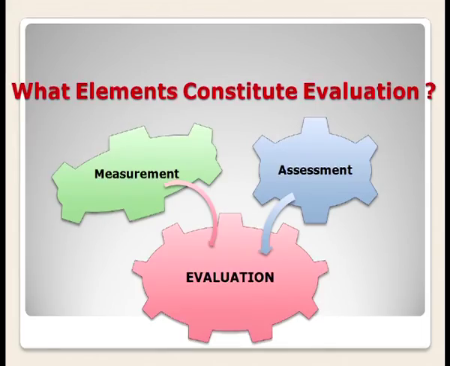As we have already discussed, evaluation includes the quantitative information as well as the qualitative information. That means both measurement and assessment are parts of evaluation. Evaluation has the widest scope, whereas measurement is a part of that. We gather quantitative information about the learning progress of the child. We gather qualitative information about the child's learning, and that is also a part of evaluation.